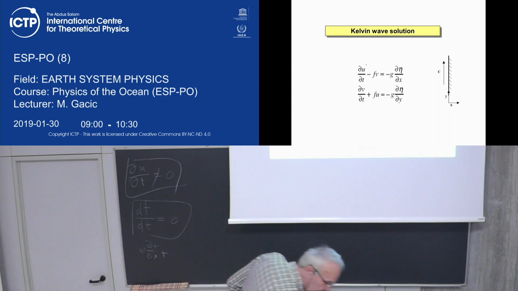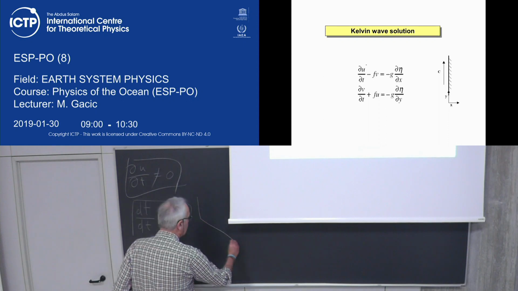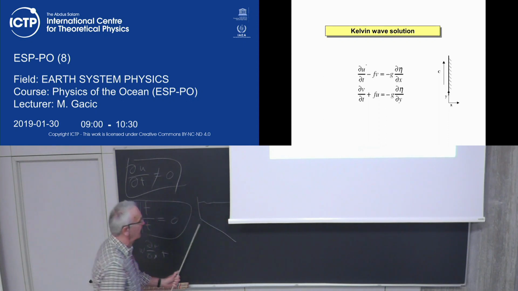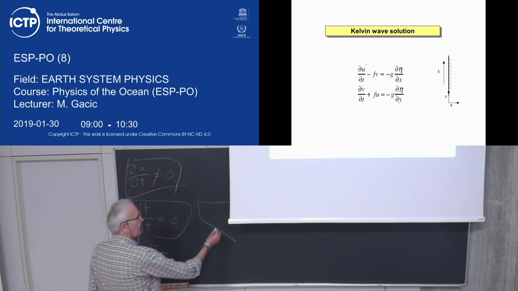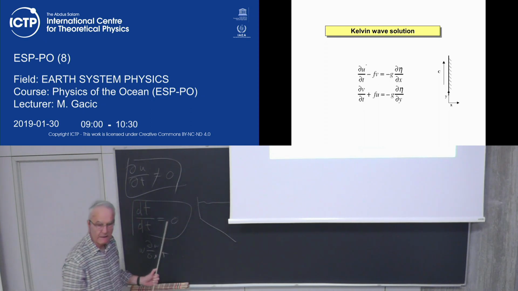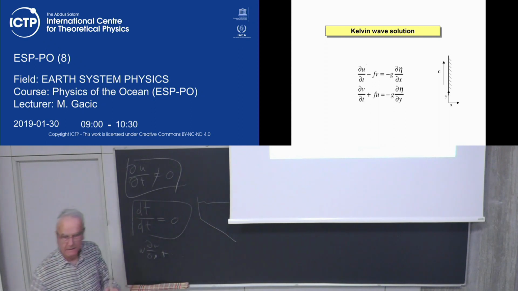So that means that you have the coast, and then you have the slope, the continental slope. If the particles are moving parallel to the isobaths, then nothing is happening really, because the vorticity of the water column doesn't change.